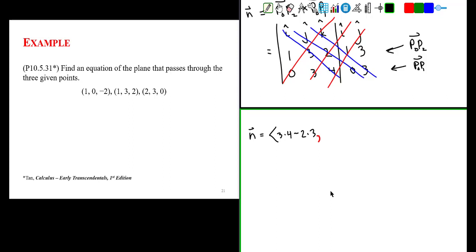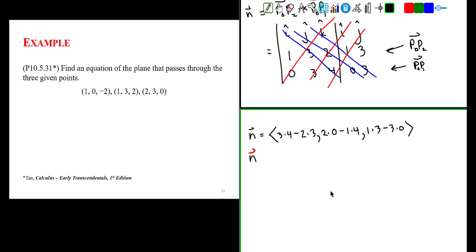That's the x component. The y component is the product 2 times 0, being the diagonal to the right going through j hat, minus the product 1 times 4. And for the z component, that's 1 times 3 minus 3 times 0. And again, I'm getting these values from the diagonals, a technique we learned in another video.